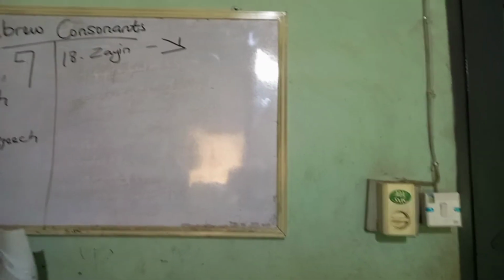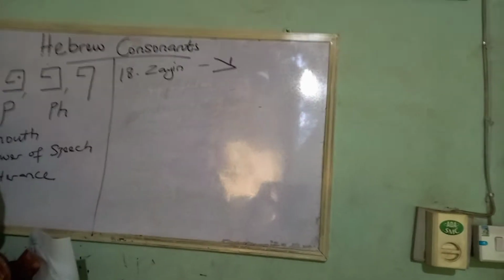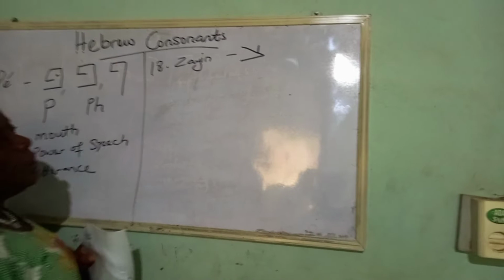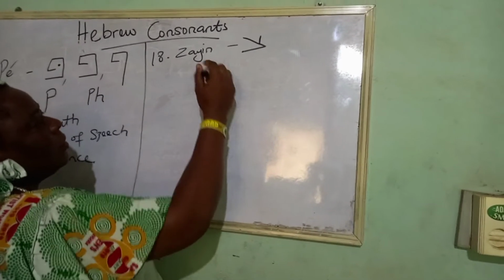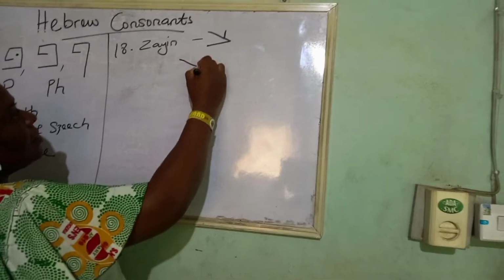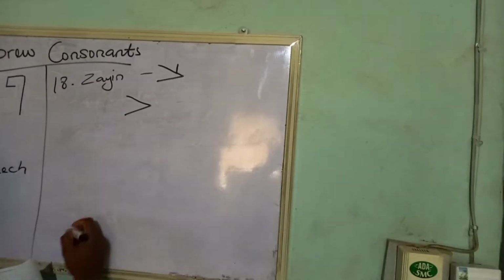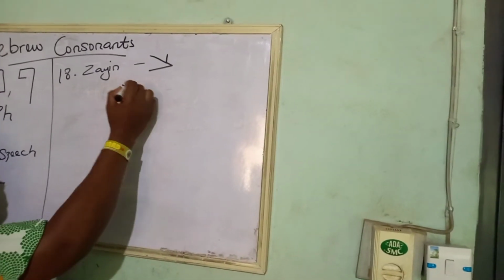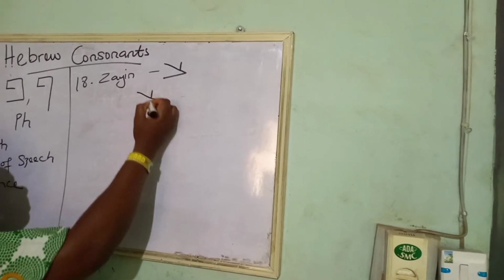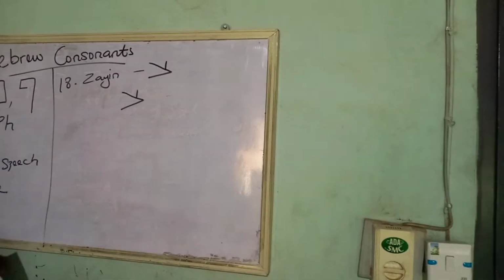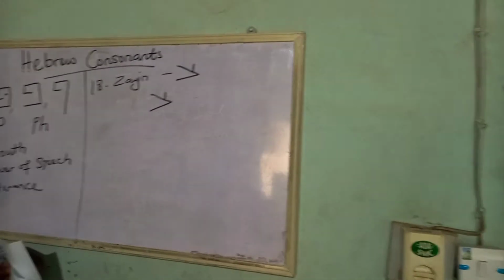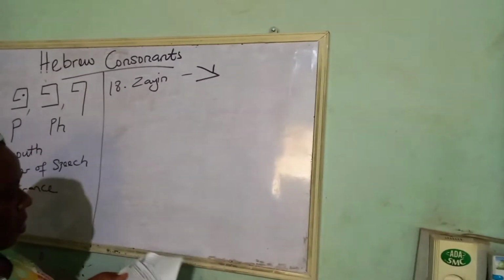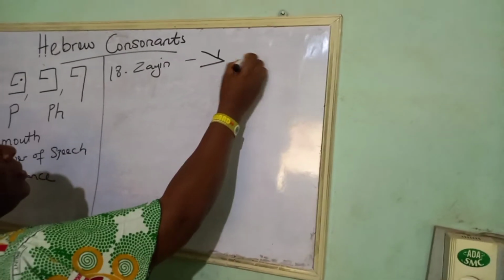If you are familiar with your mathematics, you know that this symbol in mathematics is called greater than. So if you write your greater than like this and you put just a small vertical stroke, then you are writing zayin. Zayin is transliterated.